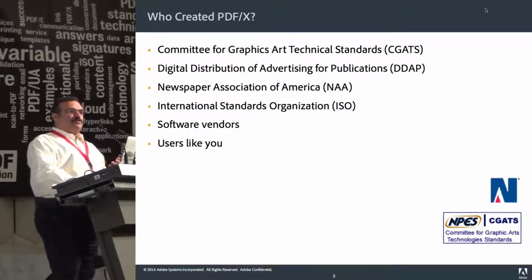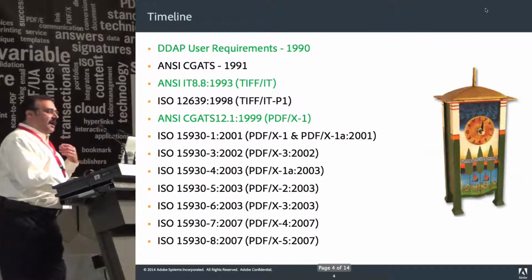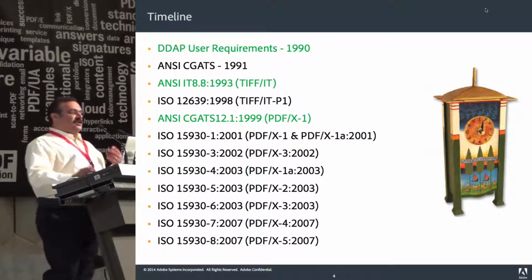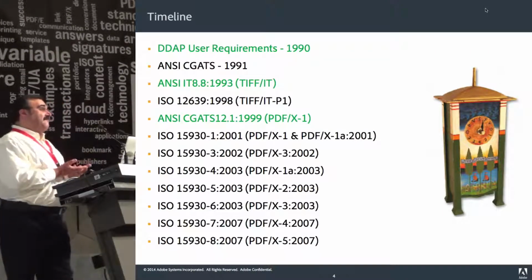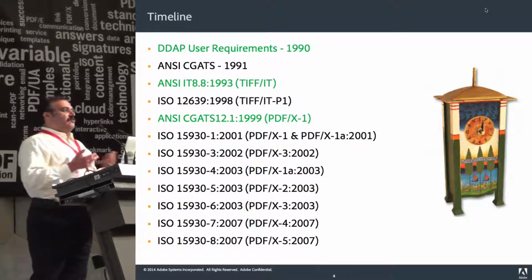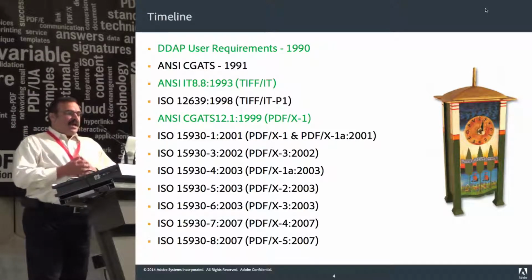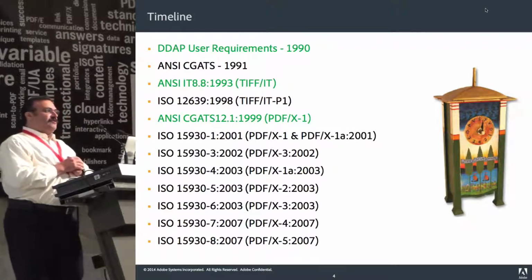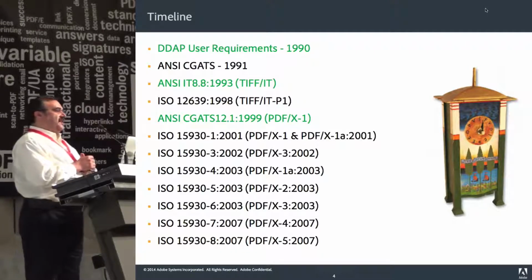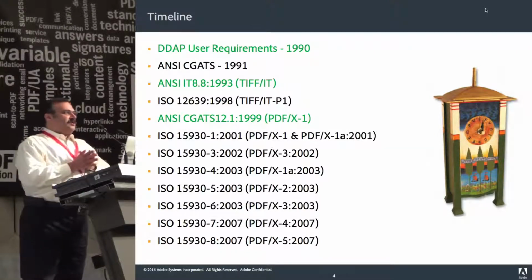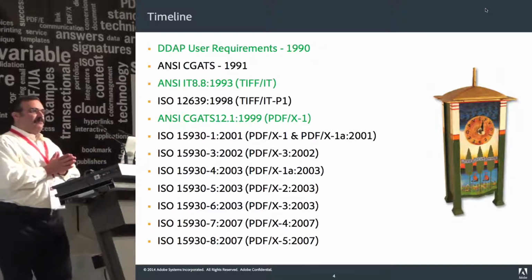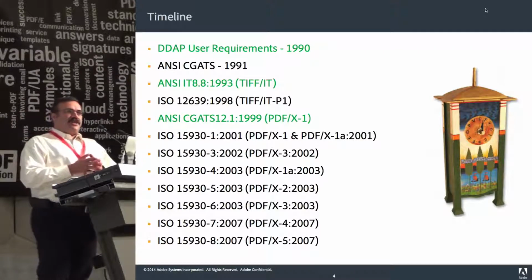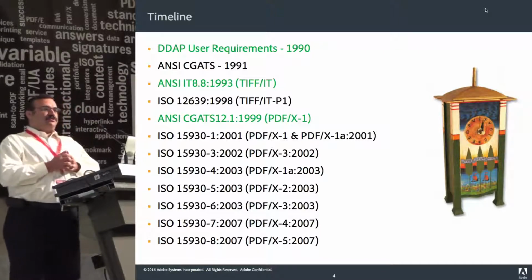And there were a lot of groups that were involved in this process, and it goes all the way back. In fact, the process started long before PDF actually. It started in 1990 with the graphic arts industry. The first thing they actually did was to figure out a way to solve this problem using TIFF. As you heard earlier today, TIFF's been around a long time as an imaging format, and so the print industry started with TIFF as their solution.